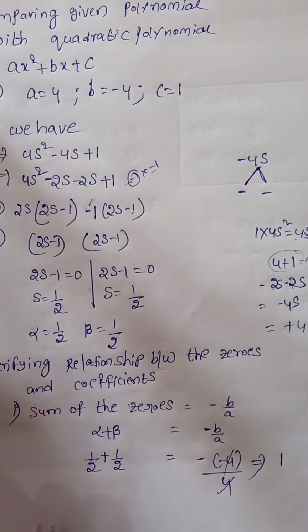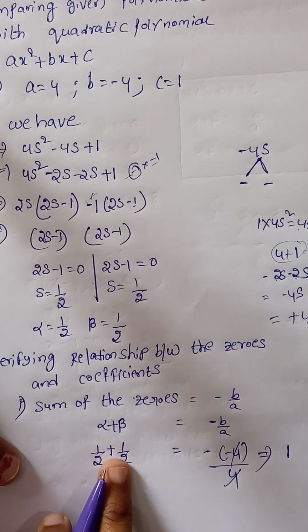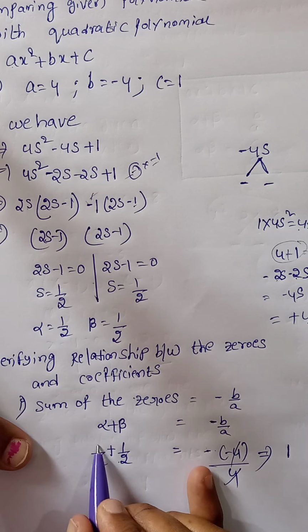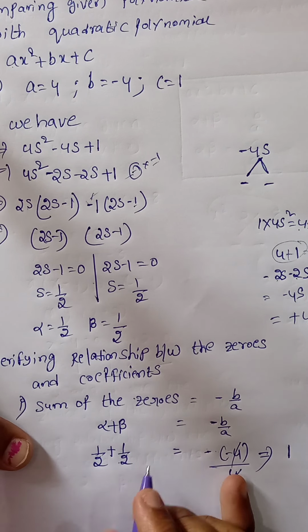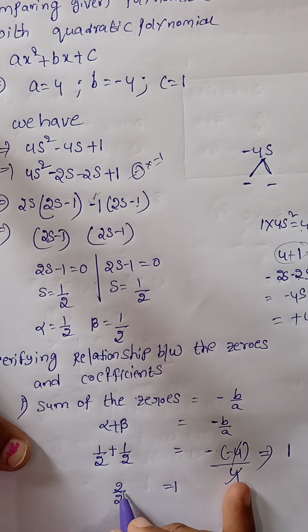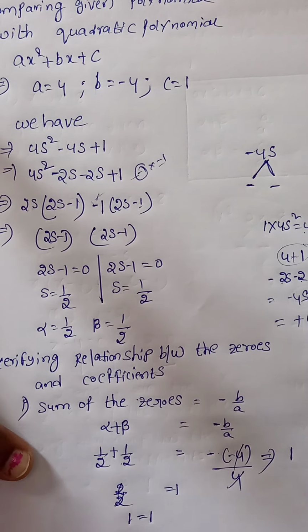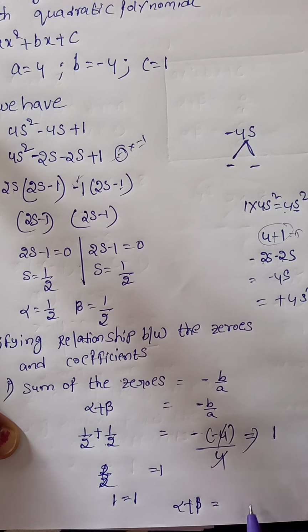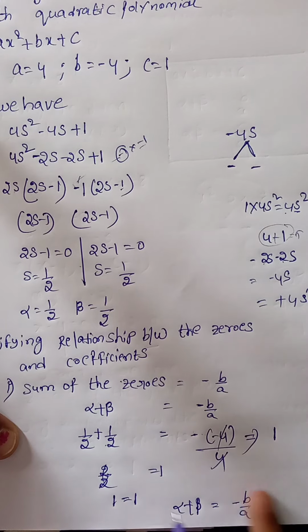So 1. So 1 by 2 plus 1 by 2: the denominators are the same, so simply add the numerators, 1 plus 1, 2 by 2 equals 1. 2 by 2 gets cancelled, we are left with 1 equals 1. So we can say alpha plus beta equals minus b by a.